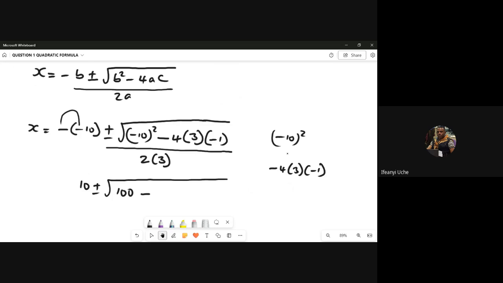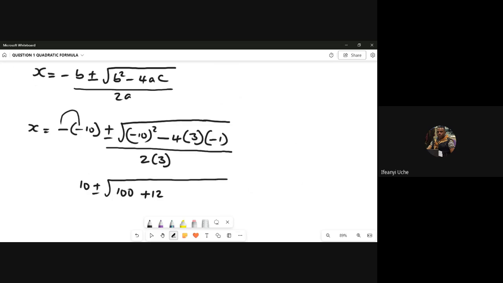You will see that is going to turn positive. It's going to be positive 12, because -4 times 3 is -12, then times this -1 gives you positive 12.